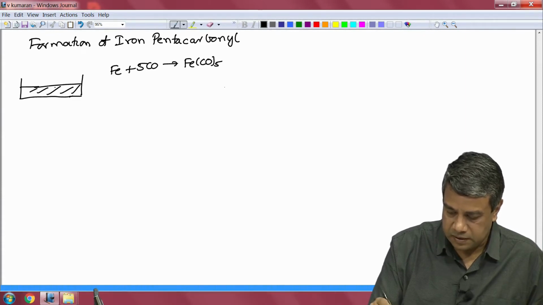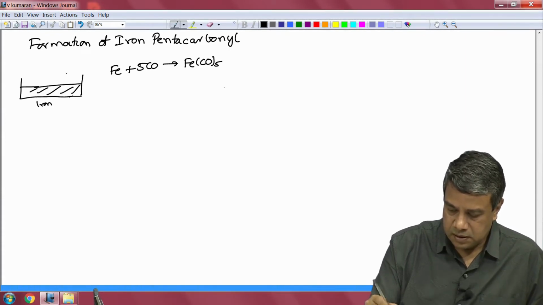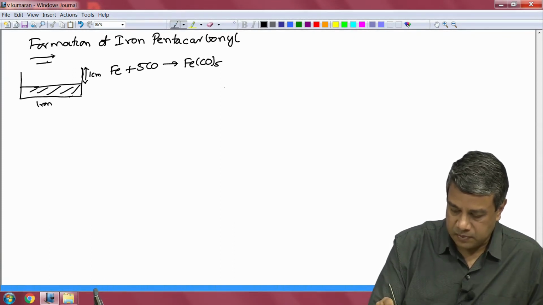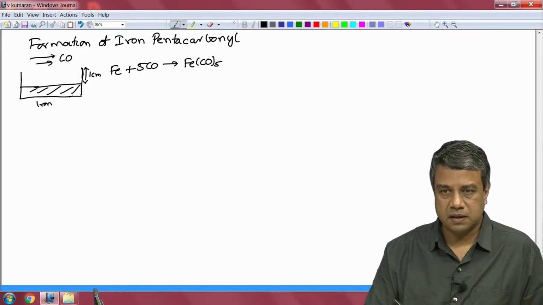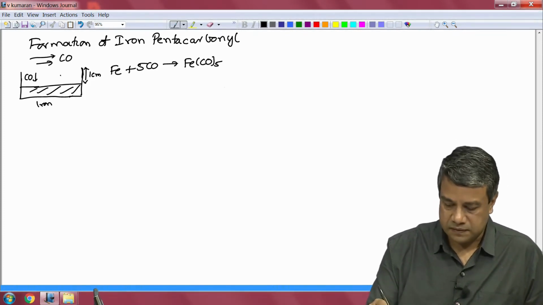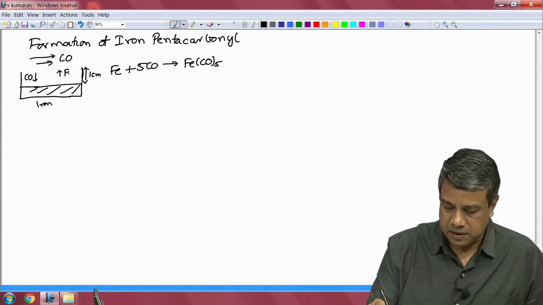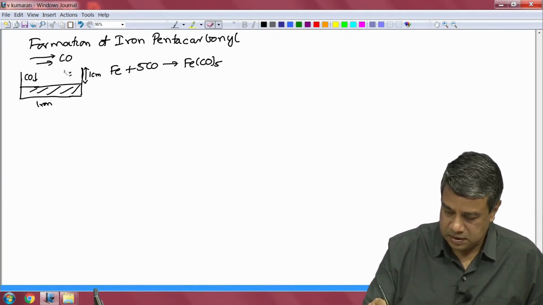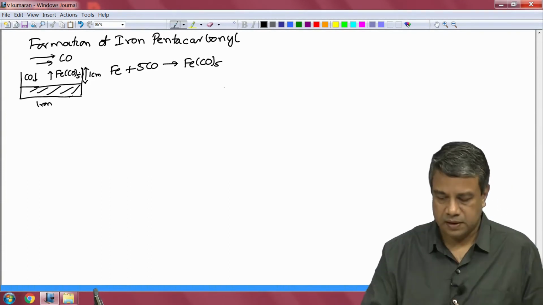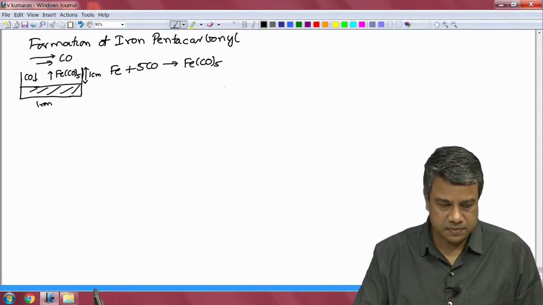I have iron here in the solid phase, and then above this I have a height of about a centimeter, and I have carbon monoxide flowing past. So, what happens is that the carbon monoxide comes down, reacts with the iron surface, and then iron pentacarbonyl is produced.